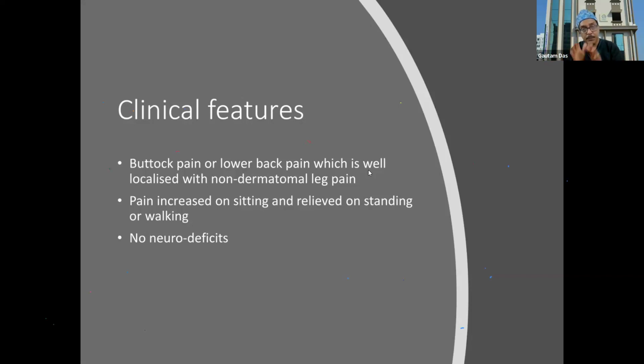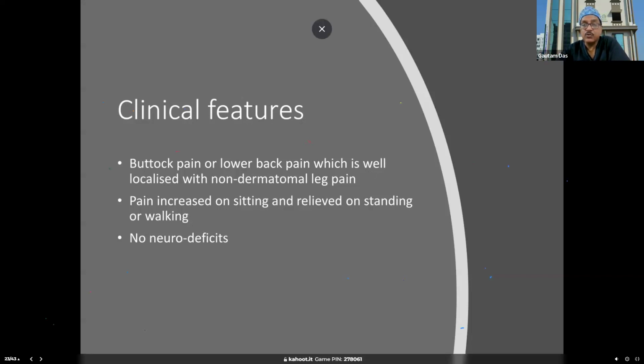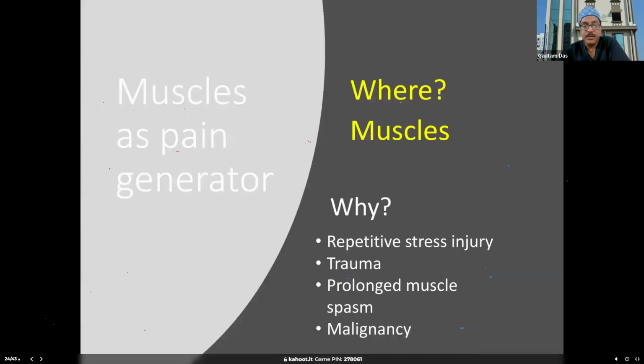On prolonged standing, because of the load on the SI joint, pain will be increased and there will be no neurodeficits. Pain might be referred in a non-dermatomal fashion, like in facet joint, in the legs, and there will be no dermatomal pattern. Most common referred area is the back of the thigh. So these are the clinical features if the sacroiliac joint is the source of the pain.